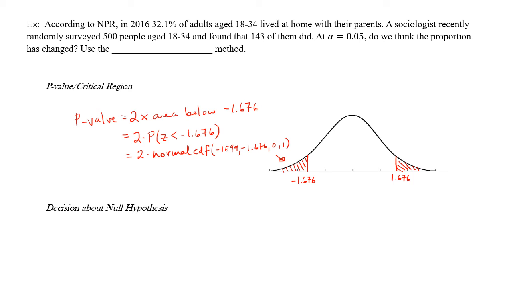Okay, and when I compute the normal CDF, I get 0.0468, but I don't want to forget I need to multiply that by 2, which gives me a value of about 0.0937.